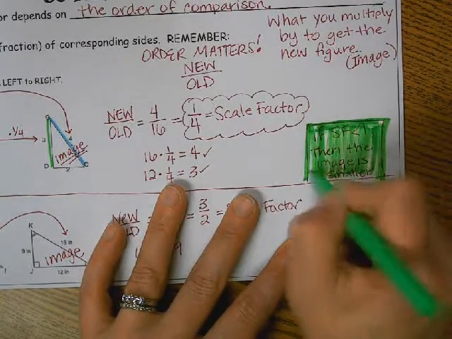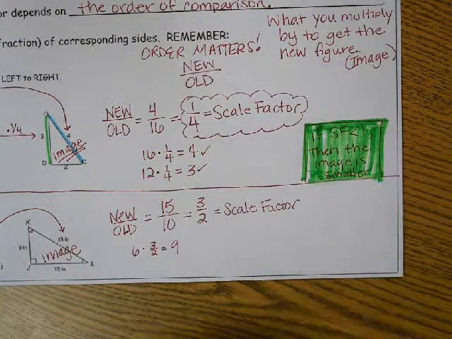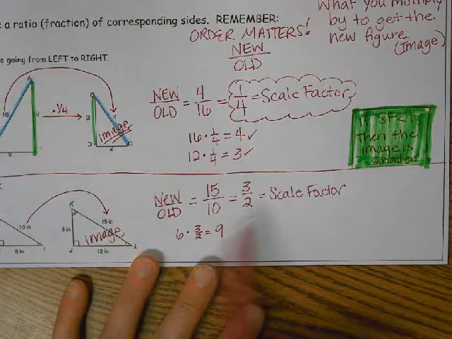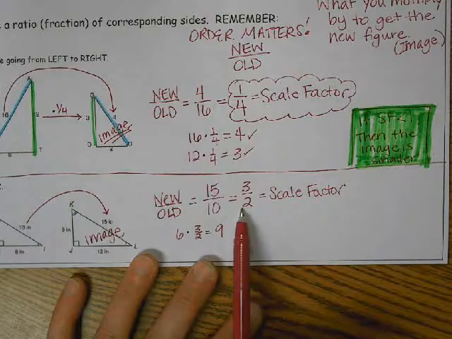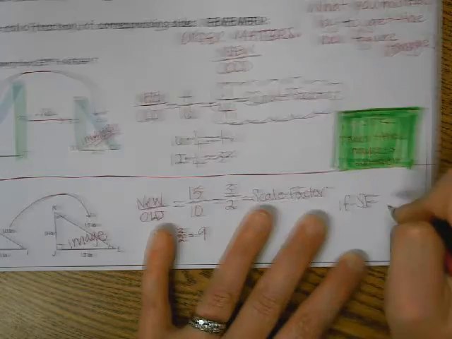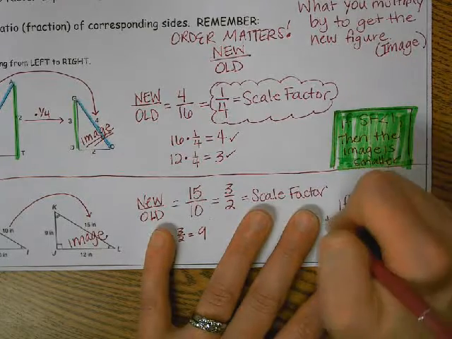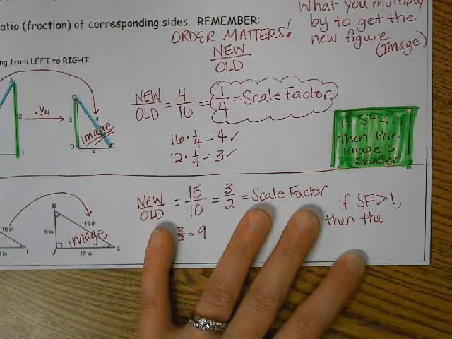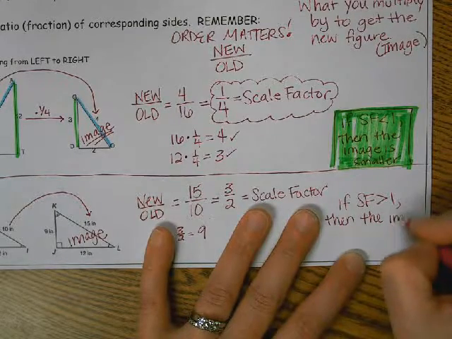That's kind of an important piece of information. Here, if my scale factor is bigger than 1, see 3 over 2, that's 1.5, right? So if my scale factor is greater than 1, then the image gets larger.